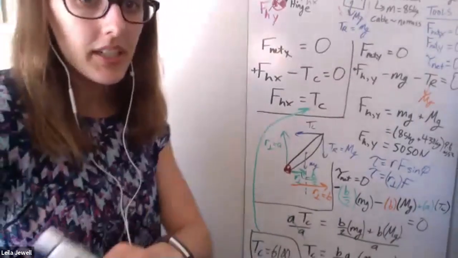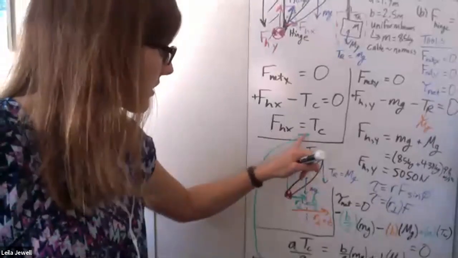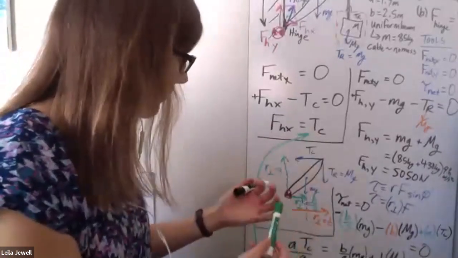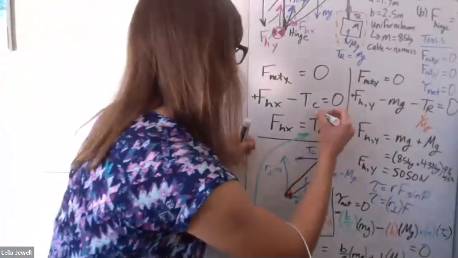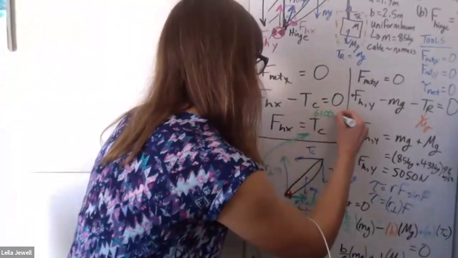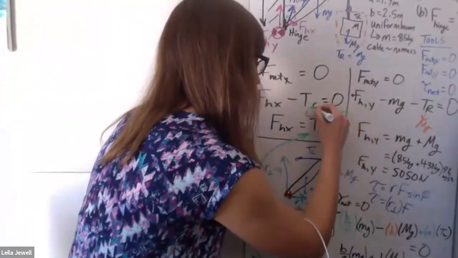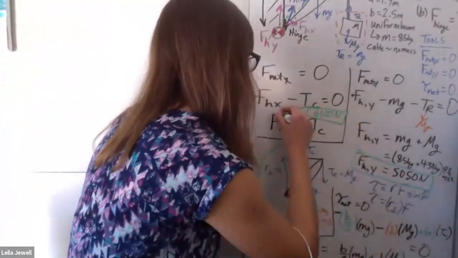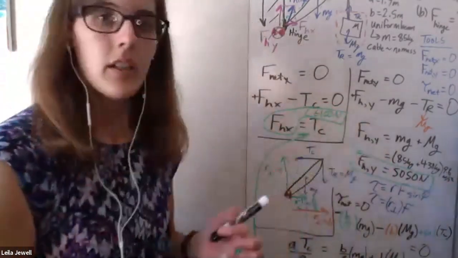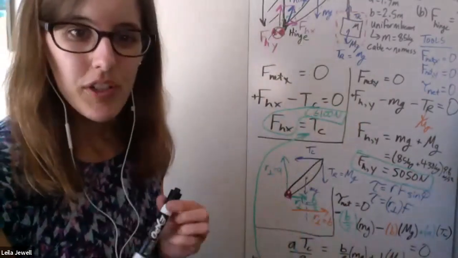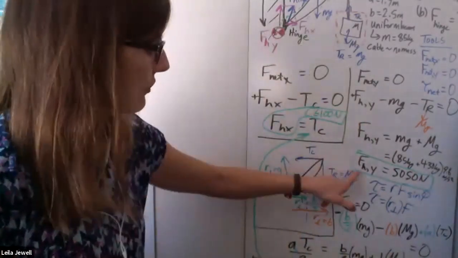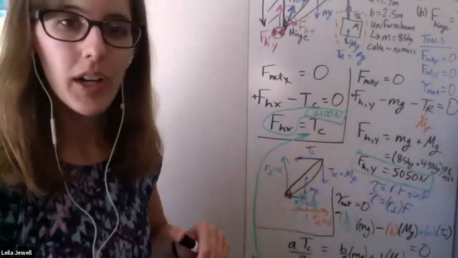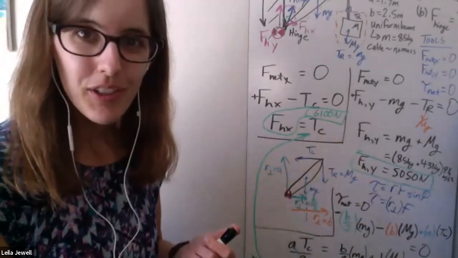But we know FHX, or F hinge H, is the 6,100 newtons, right? And we know FHY is 550, but we need to find the net force on the hinge. So if this is the force in the x direction, this is the force in the y direction, how do we find the net force?